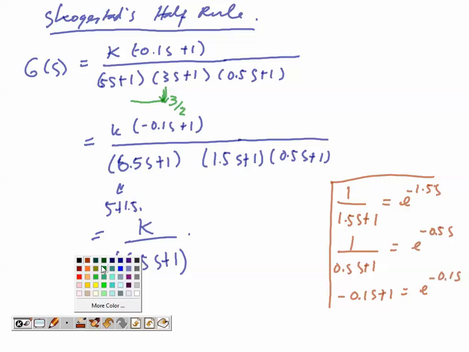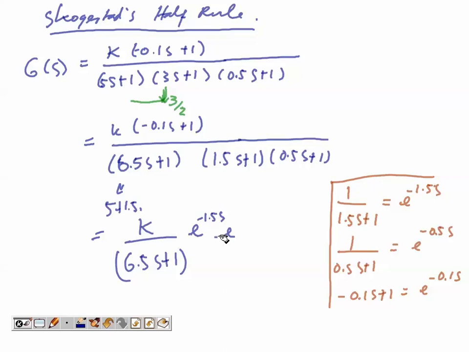So we get the FOPDT using the Skogestad half rule, e to the minus 1.5s times e to the power minus 0.5s times e to the power minus 0.1s.